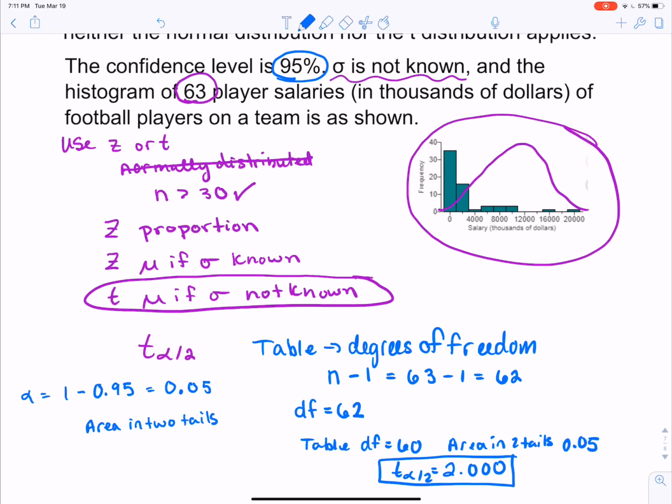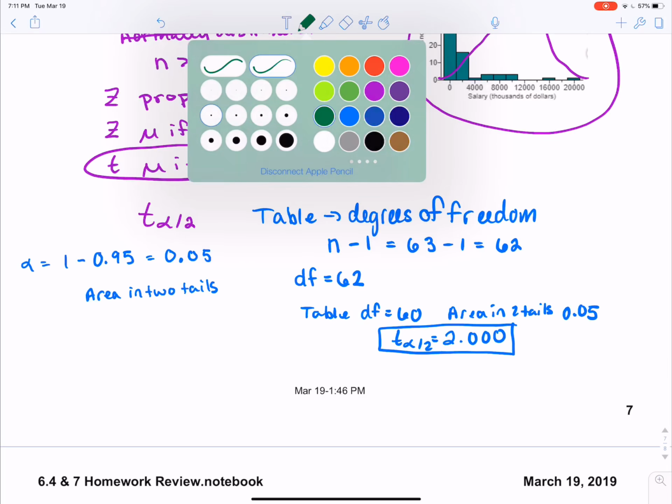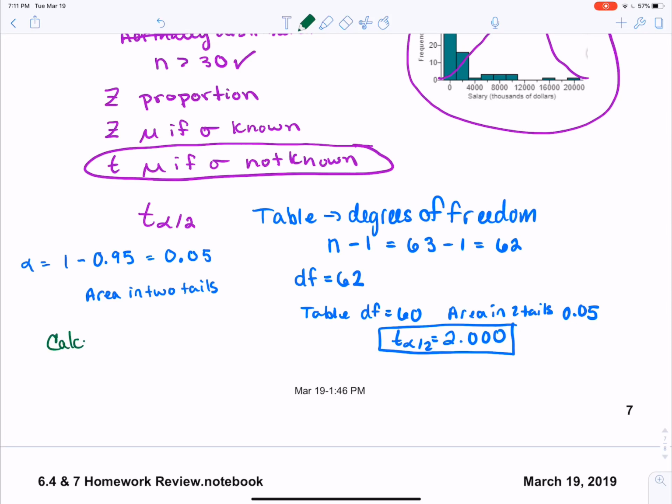Now you can also use your calculator. If you want to use your calculator to do this, I posted a video that'll walk you through how to do it. You're going to use your t interval test. So you're going to hit stat and then scroll right to tests, just like we did before.